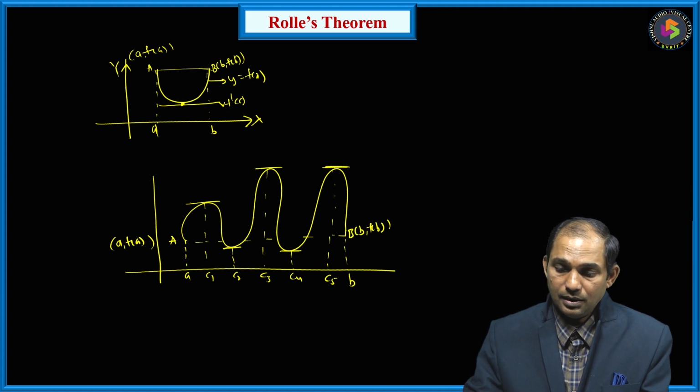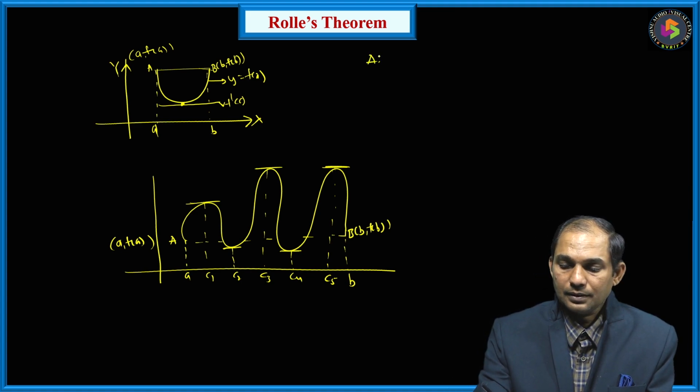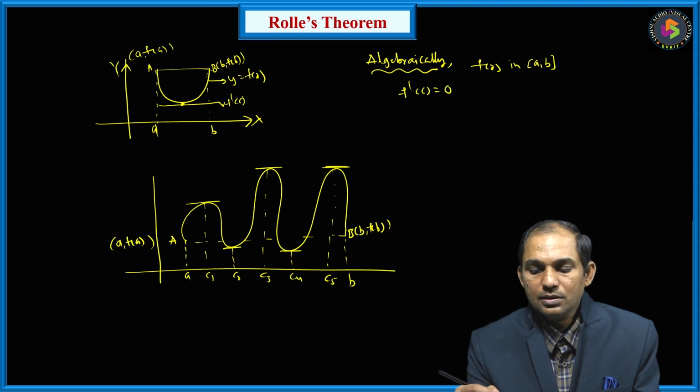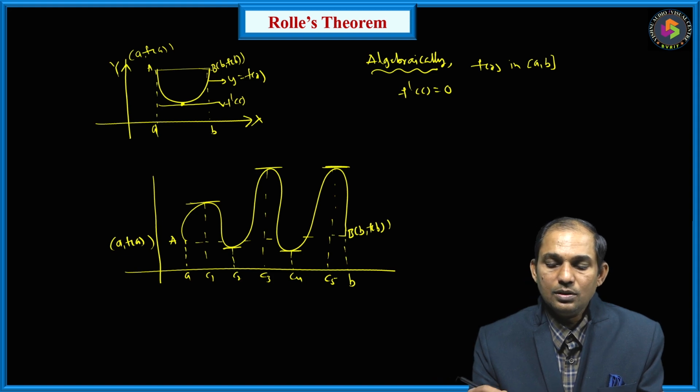So algebraically, Rolle's theorem says that f dash of c is equal to 0. That means for any function f of x defined in the closed interval a comma b, satisfying all the conditions of Rolle's theorem, there is at least one point c in the interval a comma b for which f dash of x is 0.